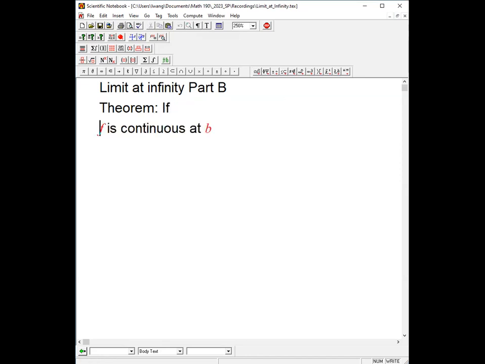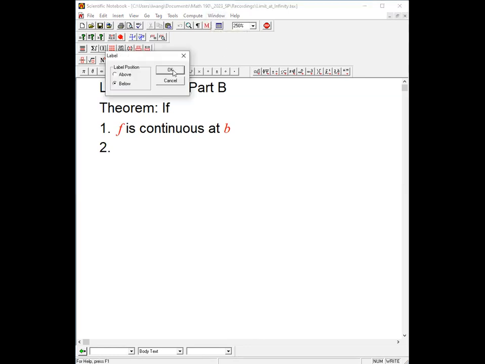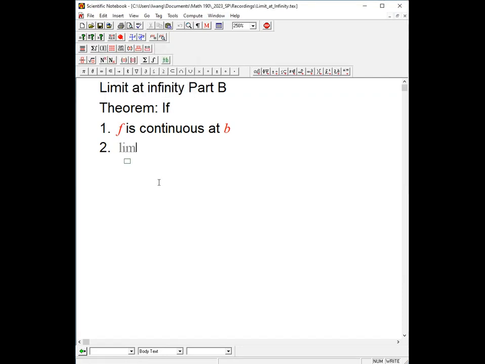So I can put this as premise number 1 and premise number 2, right? This limit would be limit as x approaching infinity. Okay, if x approaching negative infinity, this will be similar. So g of x is b.